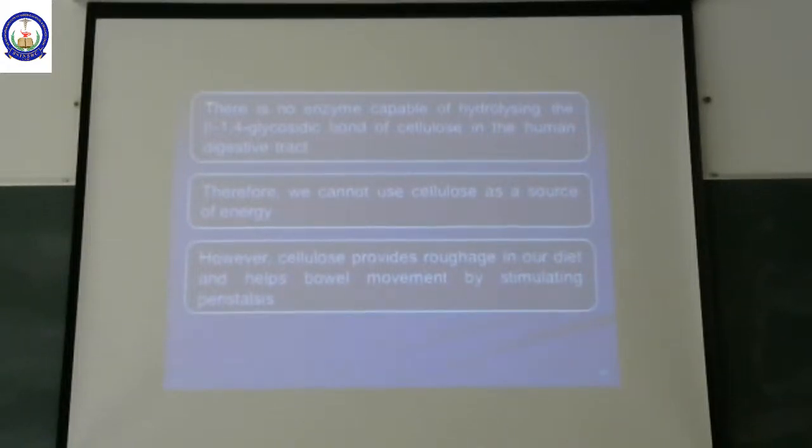However, cellulose provides roughage in our diet and aids bowel movement by stimulating peristalsis. So cellulose will be taken as part of the diet, and it helps in bowel movement by stimulating peristalsis, but the enzyme required to convert it into energy is absent in the digestive tract, so it is not absorbed.